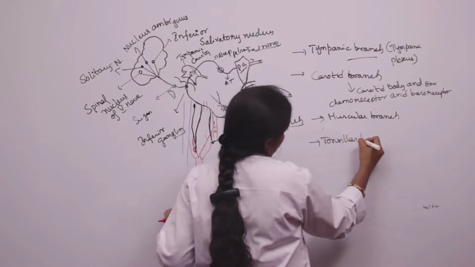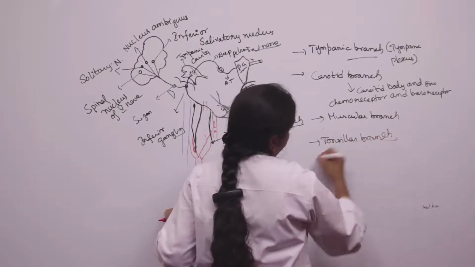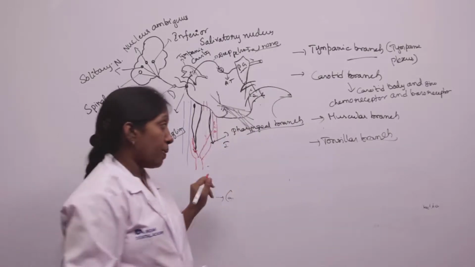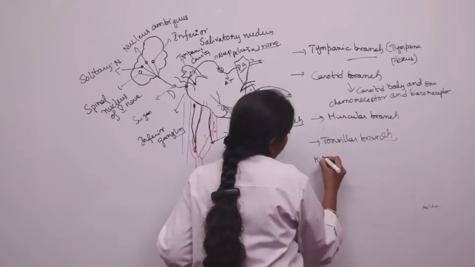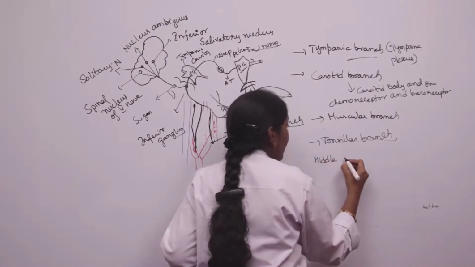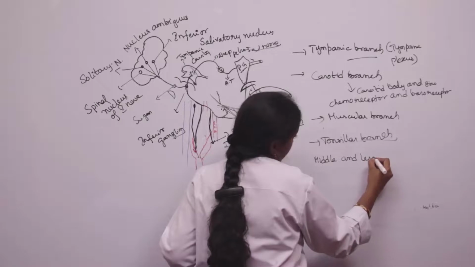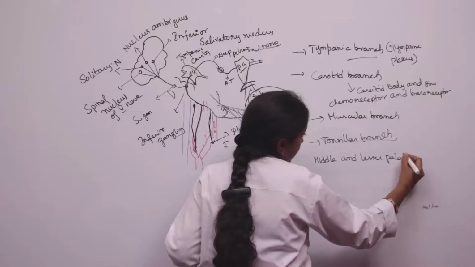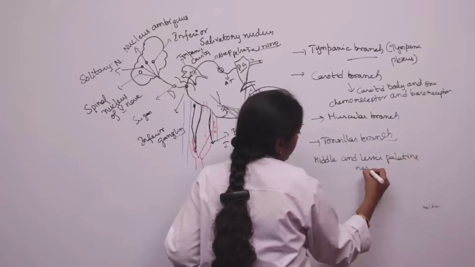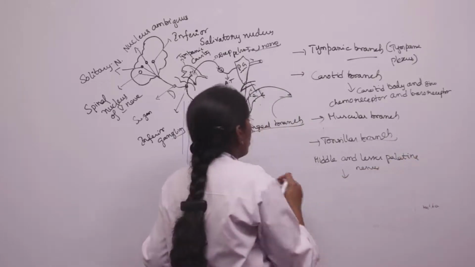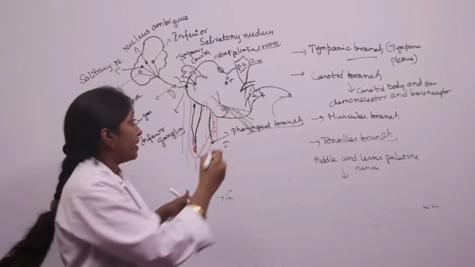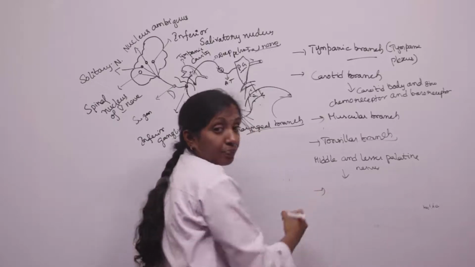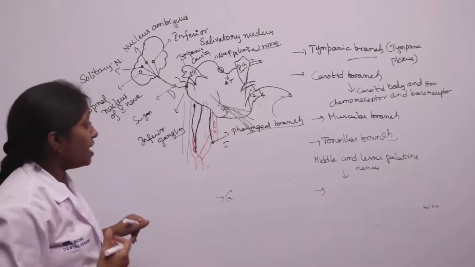This tonsillar branch supplies the tonsil, and it forms the tonsillar plexus with the middle as well as lesser palatine nerves, and supplies the tonsil as well as the soft palate.